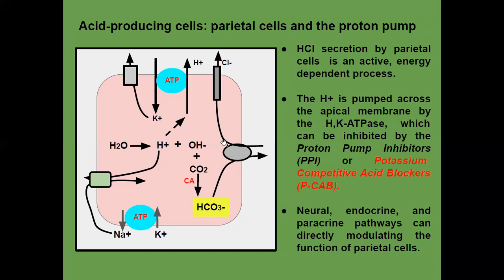Once chloride ion is in the cells, it will go out of the cell into the luminal surface by a specific channel. We call it the chloride channel. This is how hydrochloric acid is secreted by the parietal cells.